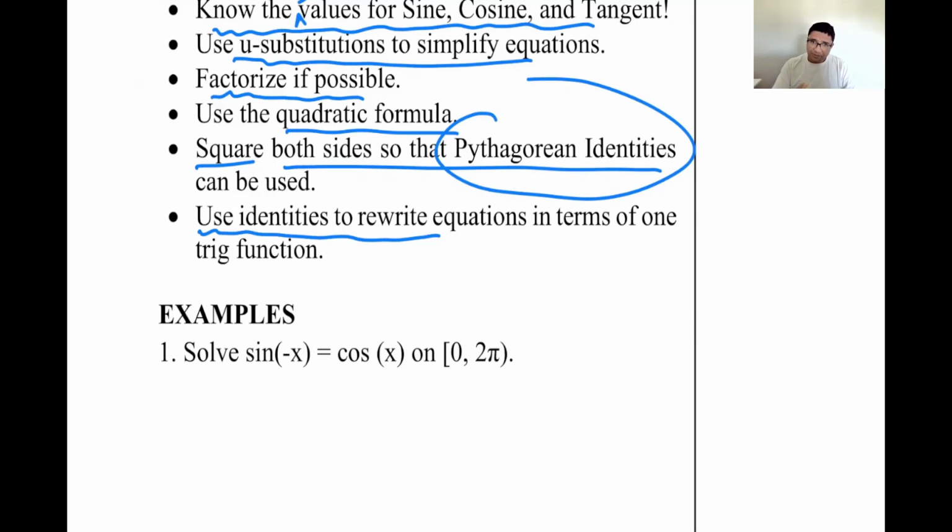When you see an identity, most of the time the form of the equation will make it clear which identity to use. You need to know the identities in your mind. All the identities that we have studied previously, if you remember them well, you will be able to spot them: in this equation I can use that identity.